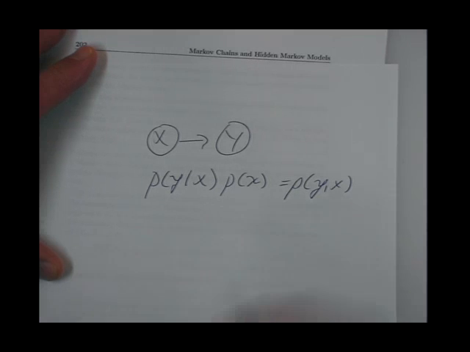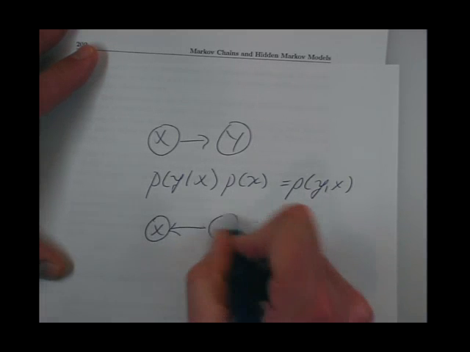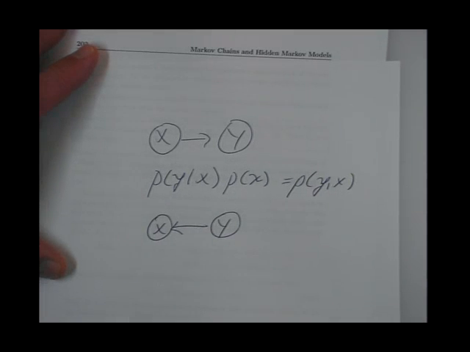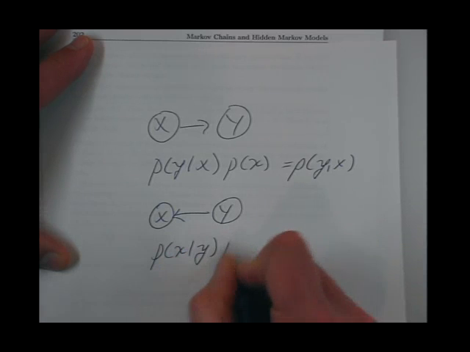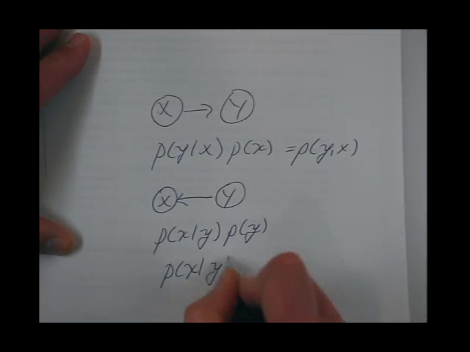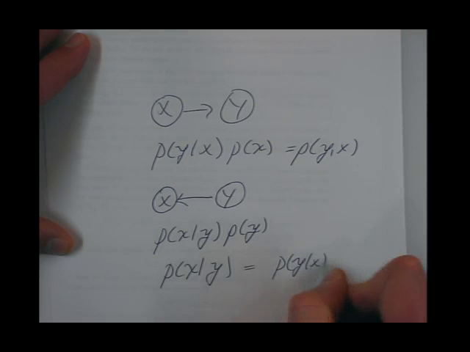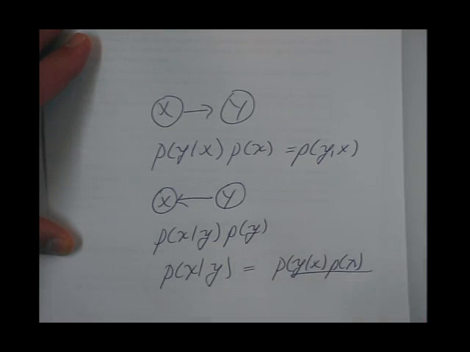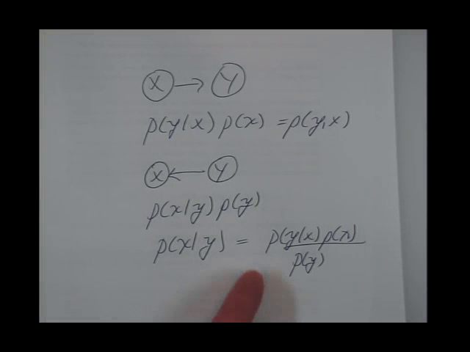Which is this: that I could just flip this whole thing, and I could just pretend x is dependent upon y. I could just use Bayes' rule and say, well, this is the probability of x given y times the probability of y, and to calculate the probability of x given y, all I do is I take the probability of y given x times the probability of x, right? And I divide it by the probability of y.